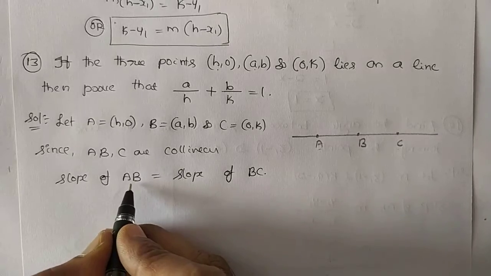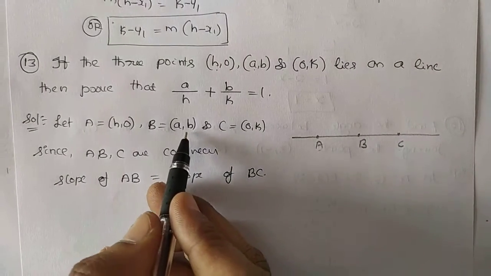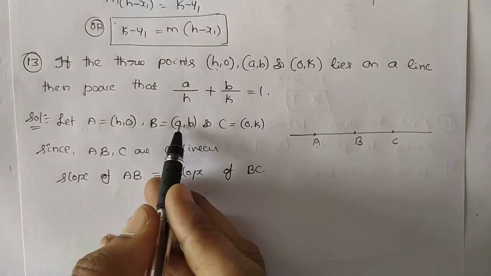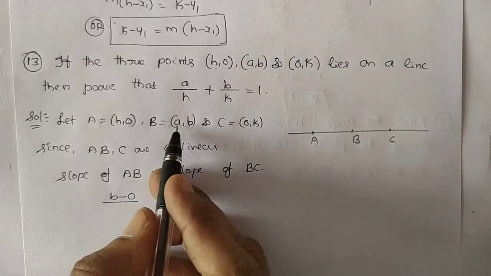Find the slope of AB: y2 minus y1 by x2 minus x1, which is b minus 0 divided by a minus h.